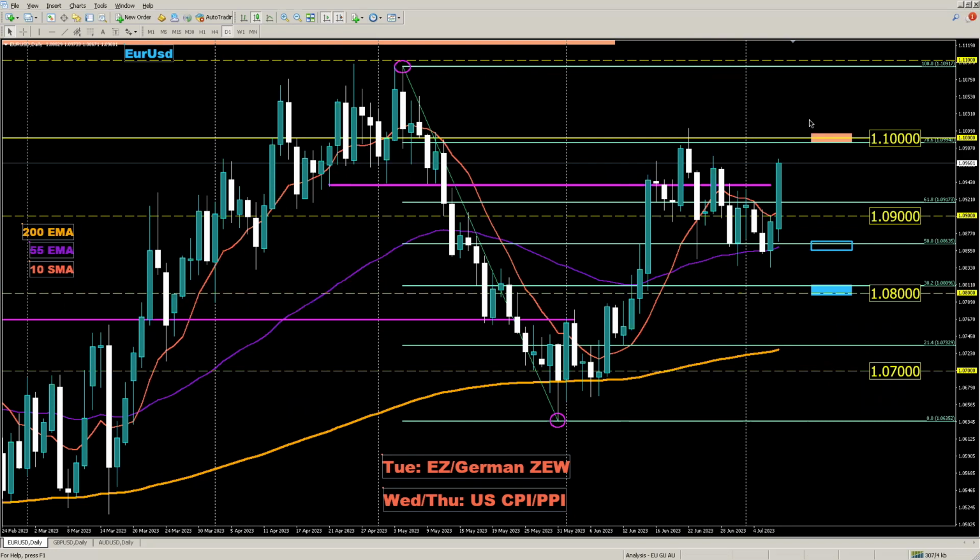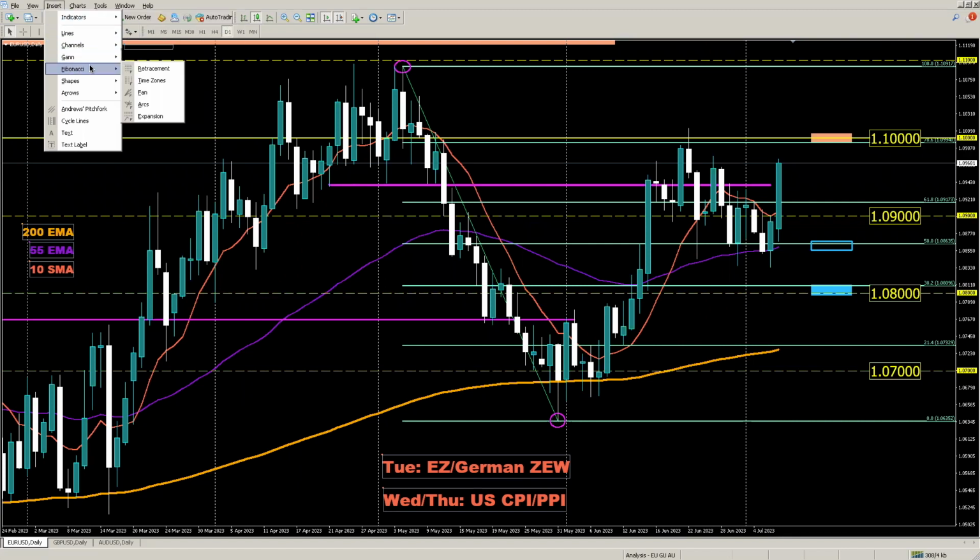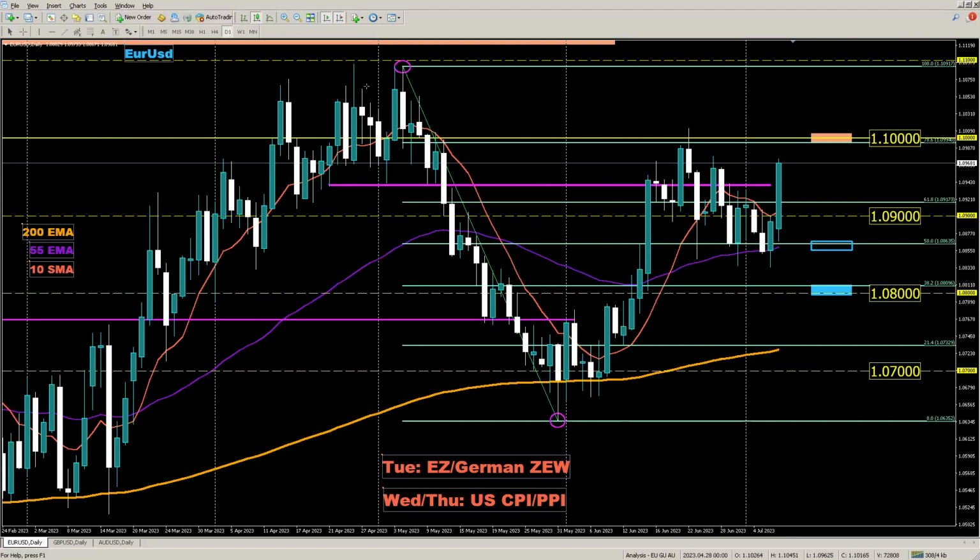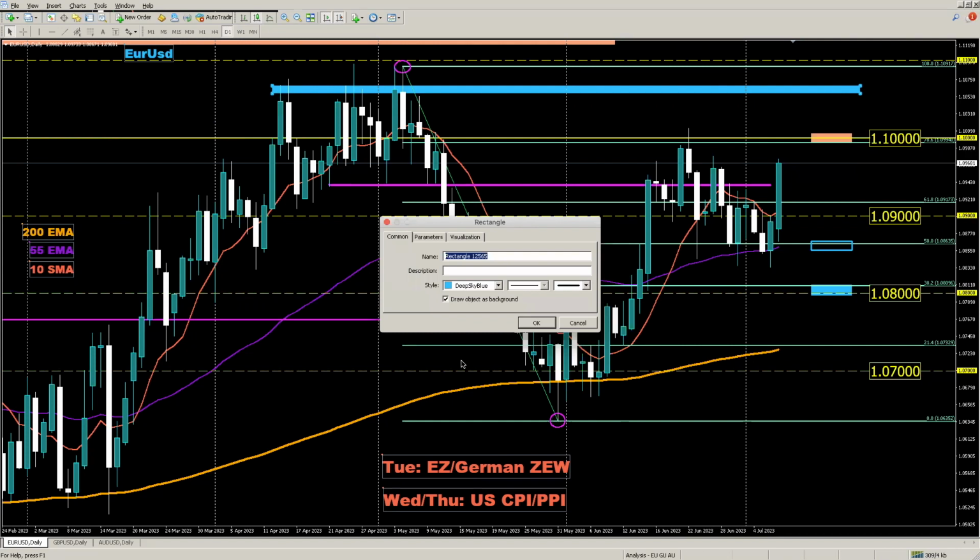And if it does break higher, then there could be a resistance zone up ahead with these areas here.